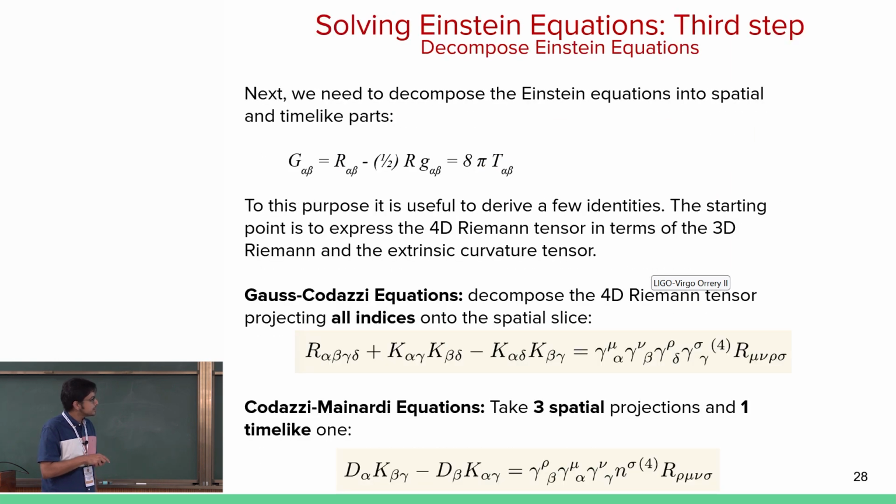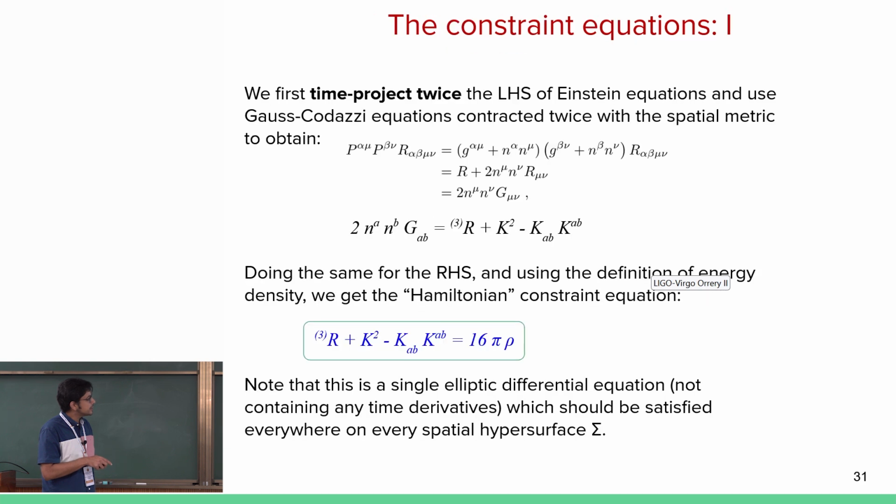So here you take the trace twice, you get K squared and K dotted with K, which you have here. So this is the first important relation, which if you insert Einstein's equations back into it, the left hand side changes into the equivalent for the stress energy tensor here, and we get this equal to 16 pi rho, giving the Hamiltonian constraint equation, which uses the Gauss-Codazzi equation as well as Einstein's equations in its derivation, right?